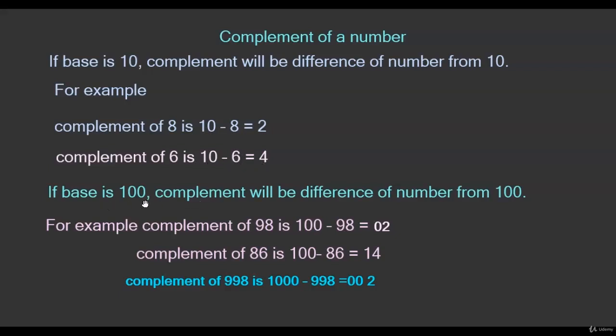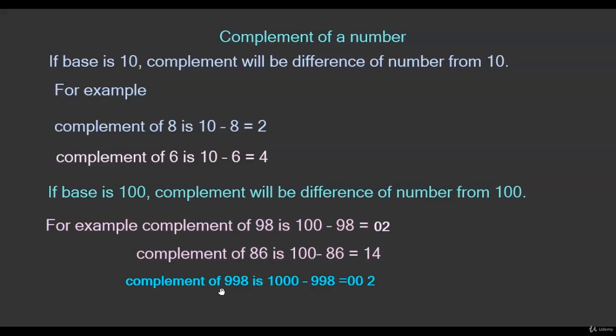And if base is 100, complement will be the difference of the number from 100. For example, complement of 98: because 98 is a 2-digit number, the base is 100, and the difference of 100 and 98 is 02. In division we need a 2-digit number. Complement of 86 is 100 minus 86, so 14.